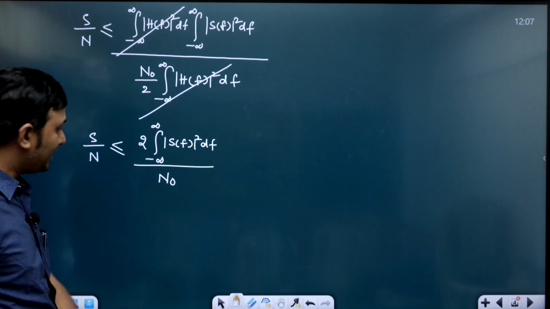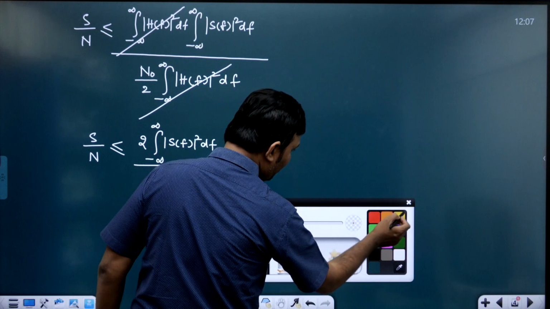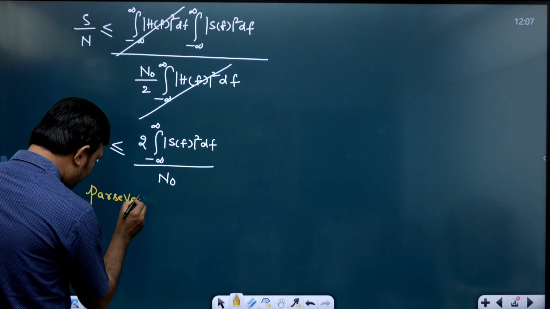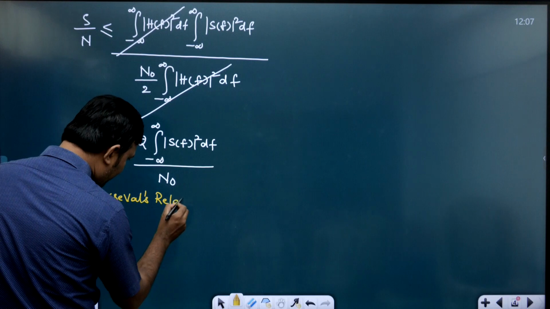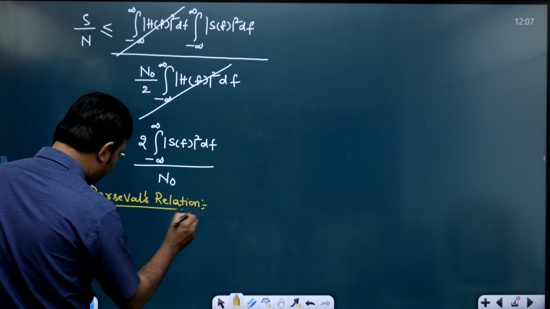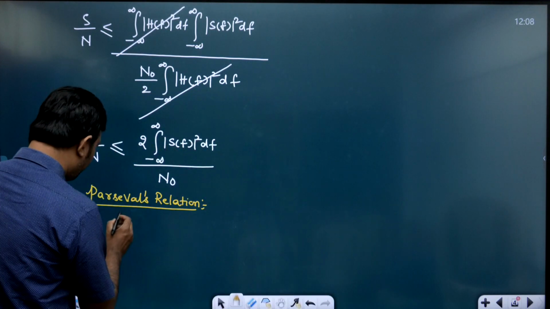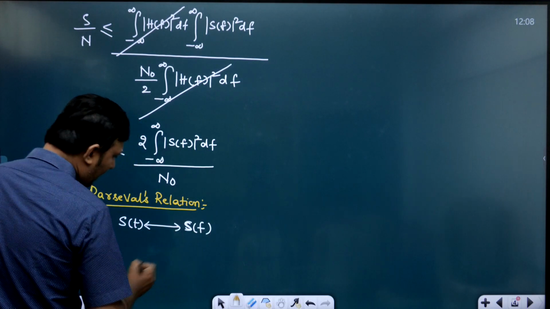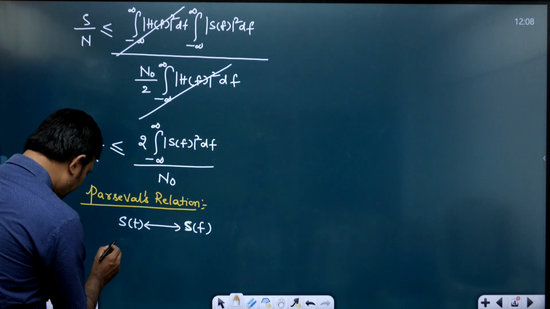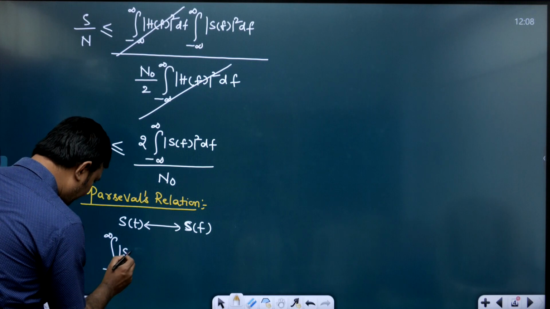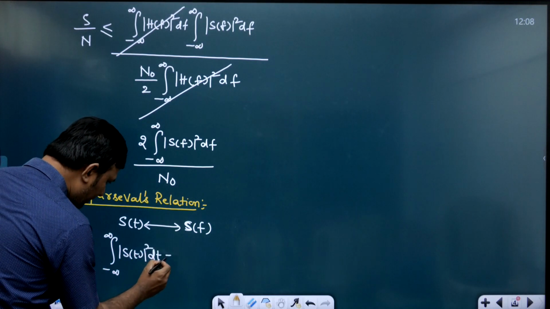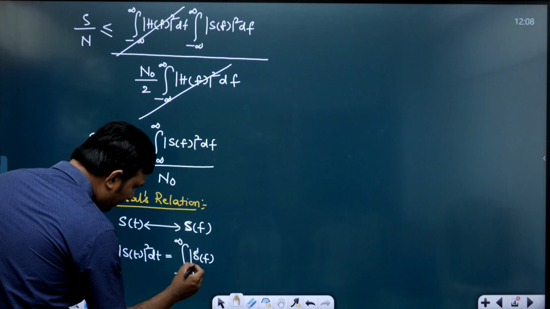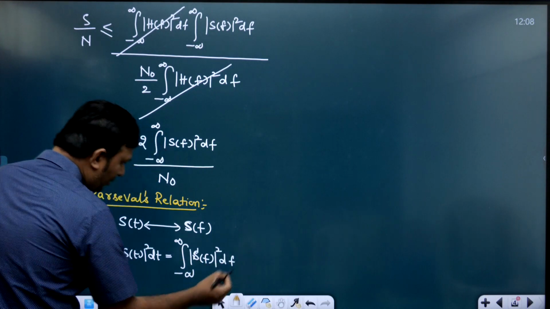Now we have to simplify this integral. If you remember your topic called signals and systems, you might have studied a relation known as Parseval's relation or Rayleigh's energy theorem, which says that if the signal s(t) forms a Fourier transform pair with capital S(f), and if you want to find out the energy in the signal s(t), you can use your Fourier transform, that is, energy in time domain is equal to energy in frequency domain, the integral of S(f) whole square df.